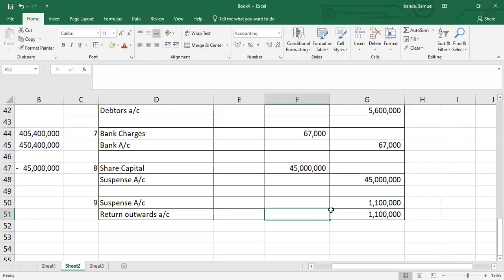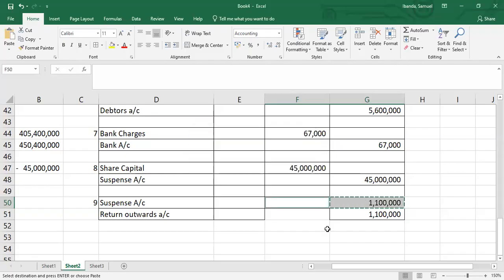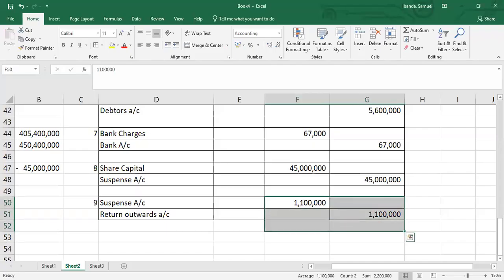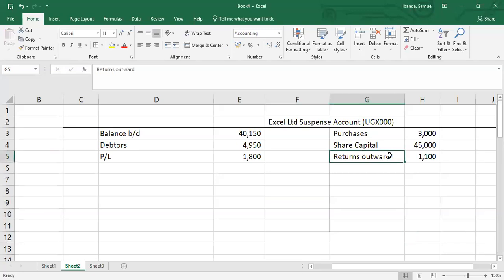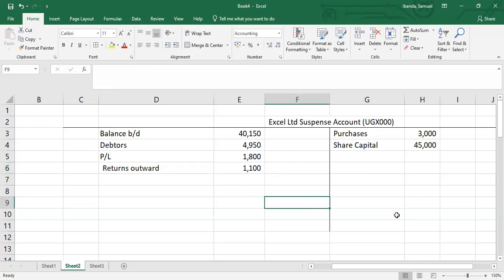Because the debit portion should go to the supplier's account, and then a corresponding entry should definitely come to the suspense. So I think we had altered this information. We had made an error again, okay? So let's just correct this, put this here, the return outwards, and see how our account looks like, okay?